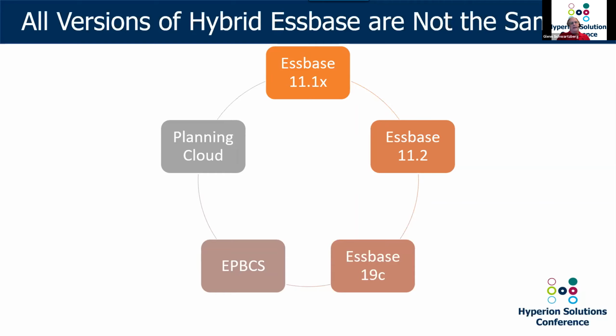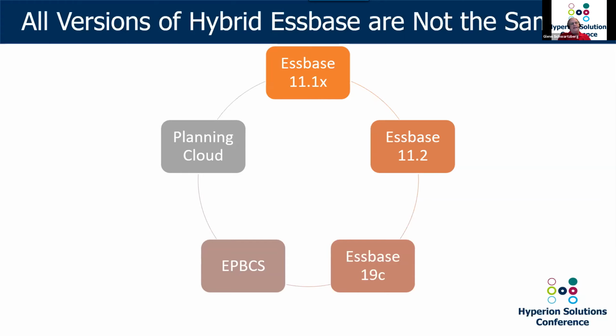And then we have it in OAC and Essbase 19C. In OAC, and I'm skipping EPBCS because that really is Planning Cloud, it uses a better version, a fully functional version that's higher than what's in Planning Cloud or on-prem. It uses what's called 12C.